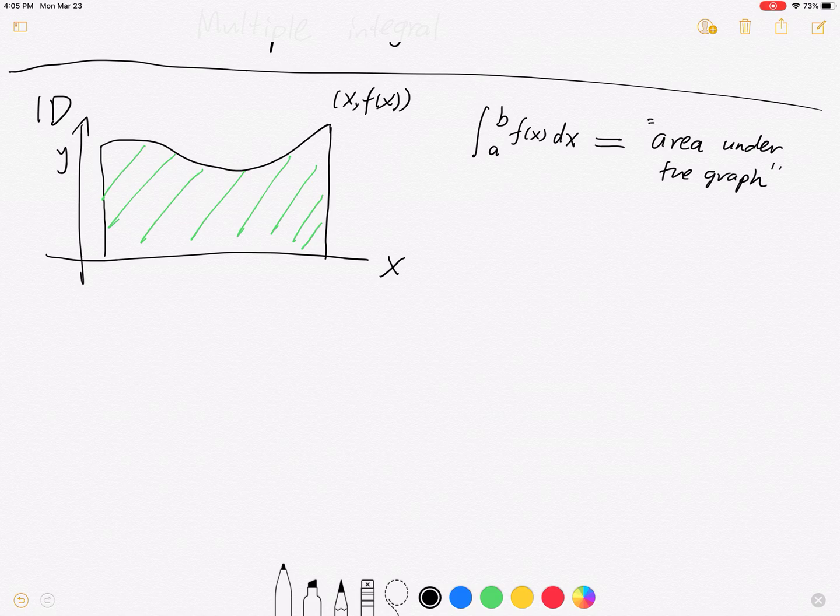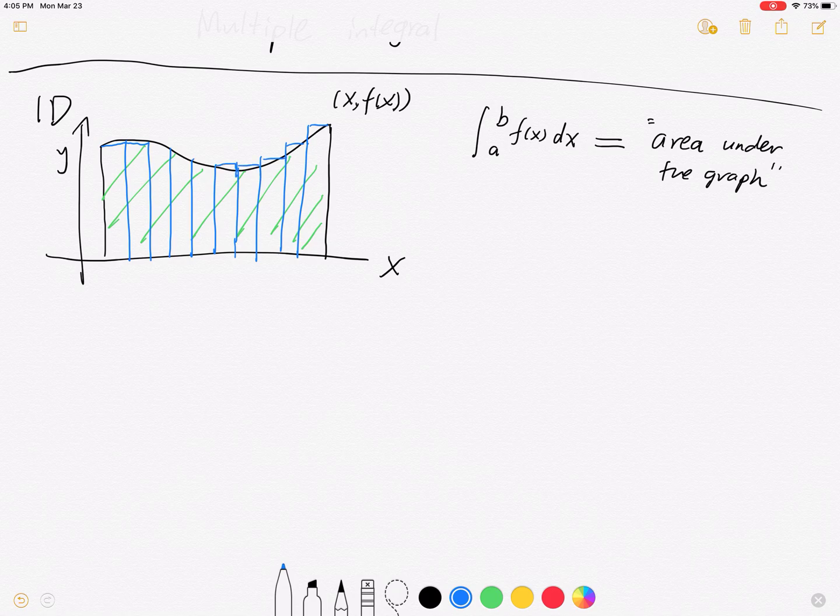And if we want a rigorous definition, then we will need to compute the area. And so usually what we do is cut the region into pieces and approximate each piece by rectangles.